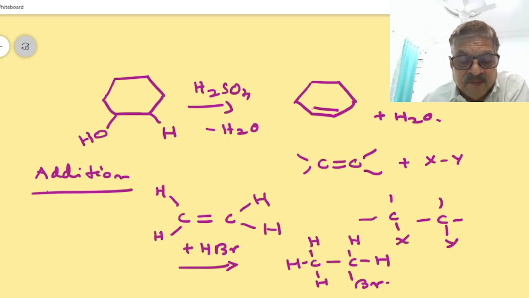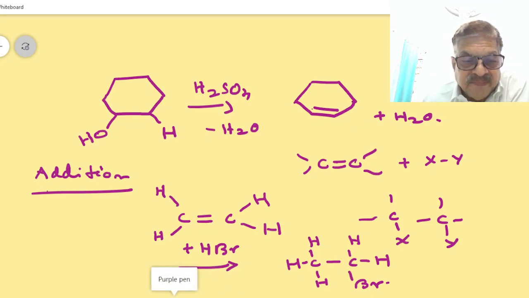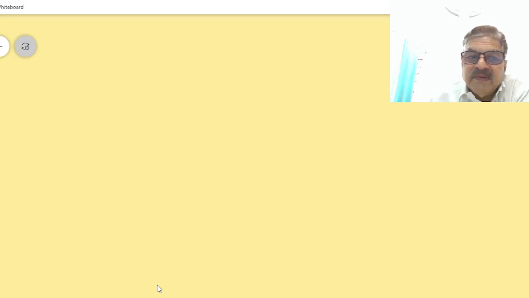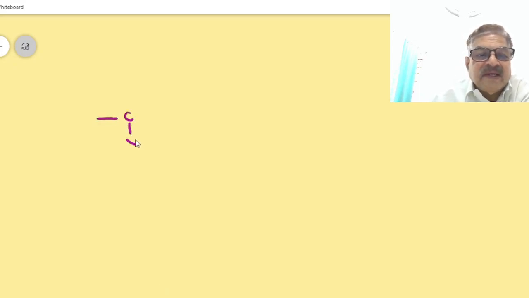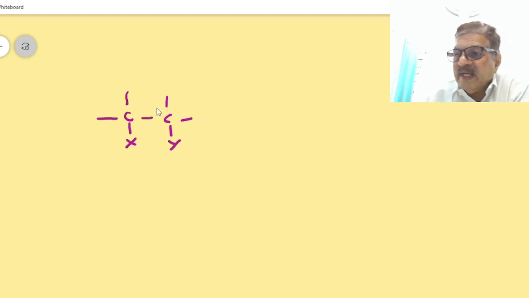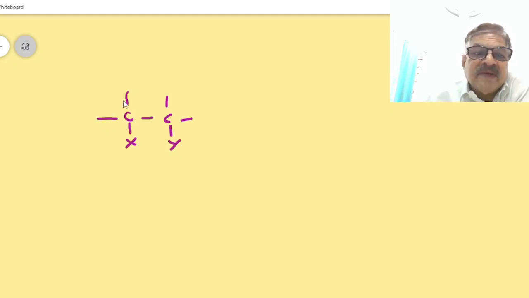I will just show how it is opposite. In a simple way, we can show it here. X, then we have Y. Here we are adding. What will be the nature of the elimination reaction here?